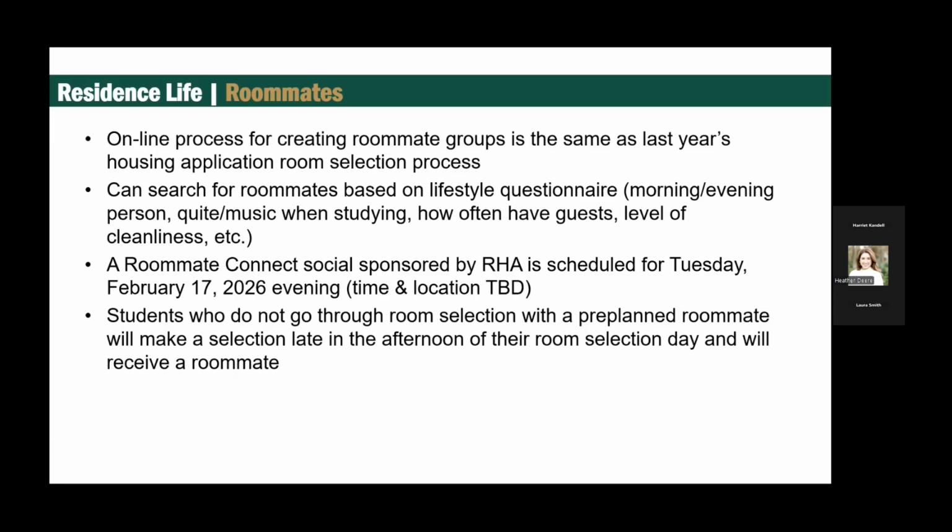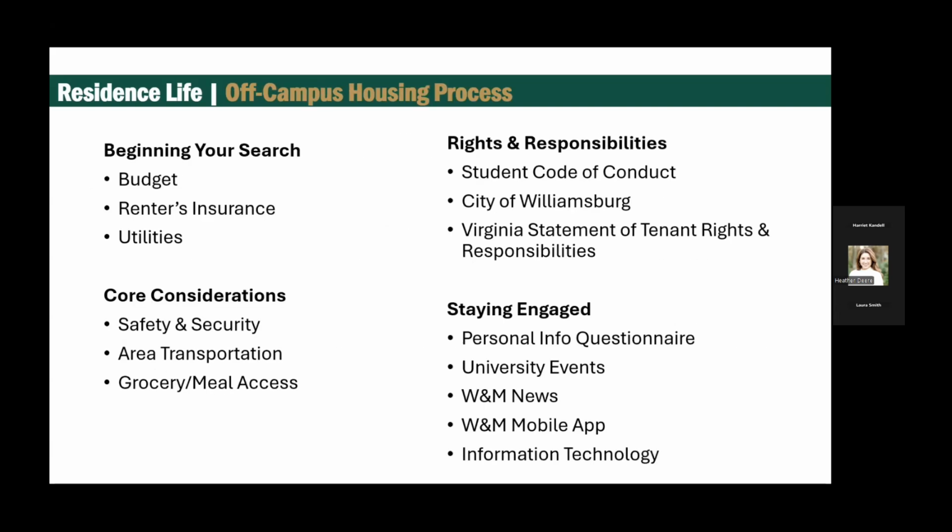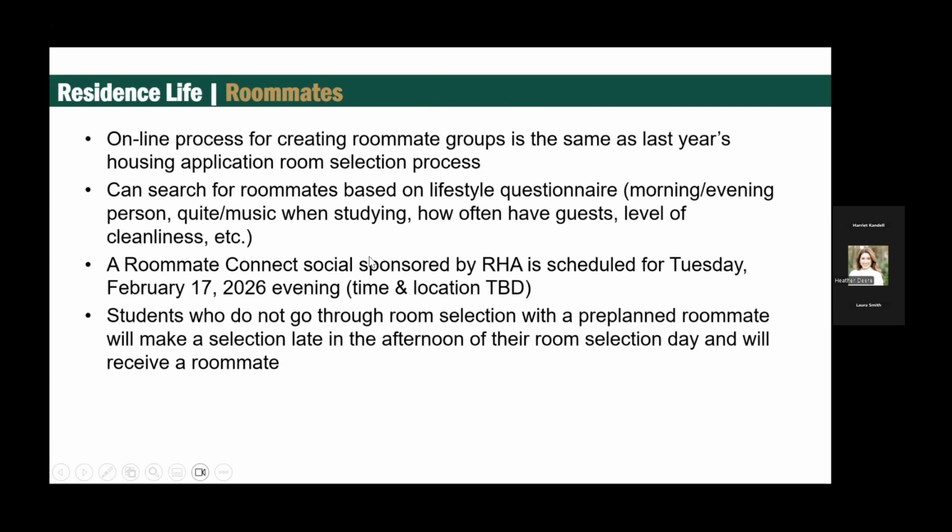If for some reason it doesn't feel like it's working out, the room change request form process is still available. But we find if people start now looking for roommate groups, they have the best opportunity to find somebody beforehand who matches the way that they live.